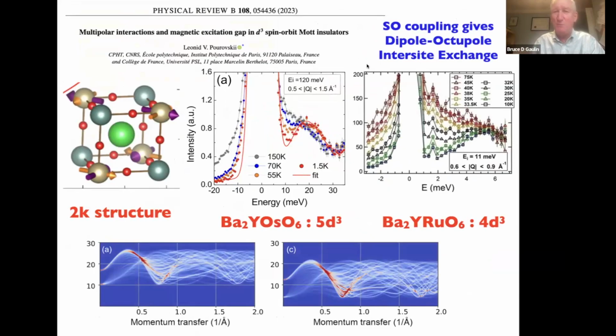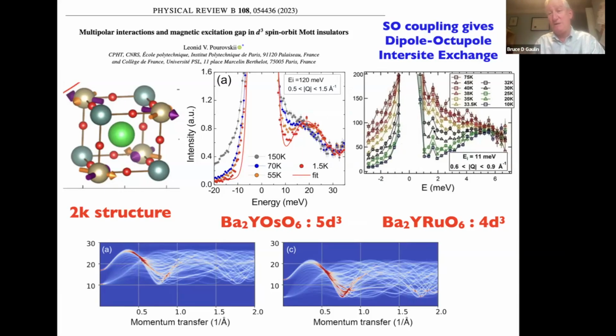So what we often do is just try to expand the data set that we have and look around at systems that are nearby. And so we also looked at the ruthenate version of this crystal. So this would be barium-2 yttrium ruthenium O6 instead of osmium O6.